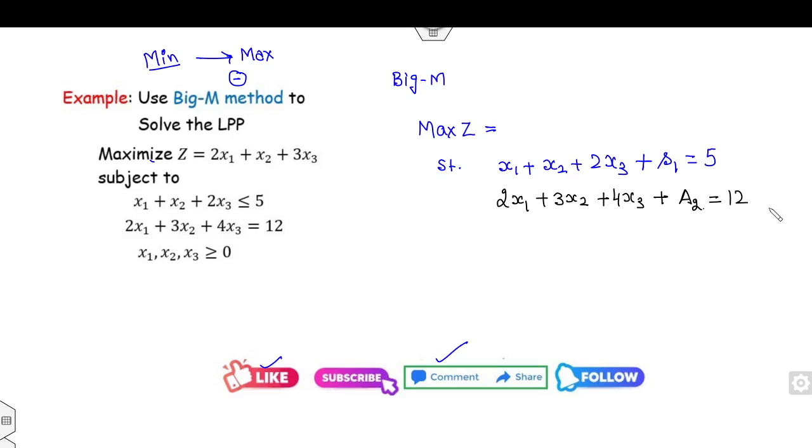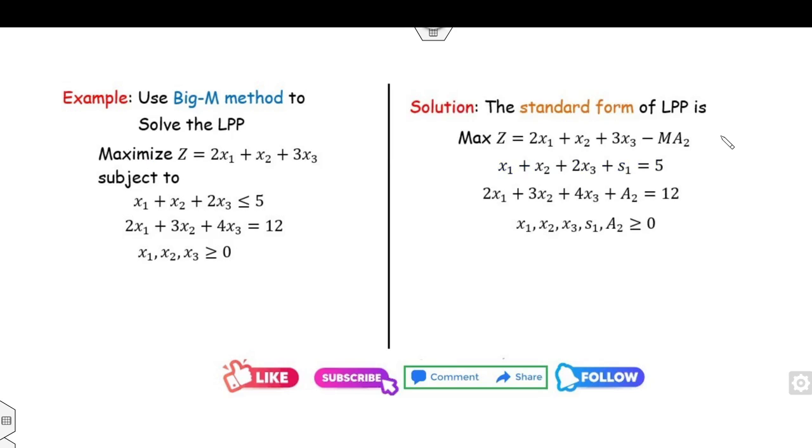Otherwise you can use a1, there is no issue. Objective function is 2x1 plus 3x2, because there is one artificial variable, so minus M. If you use a2, then write a2. If you want to use a1, then you have to write a1. I use a2 because it's my second constraint.